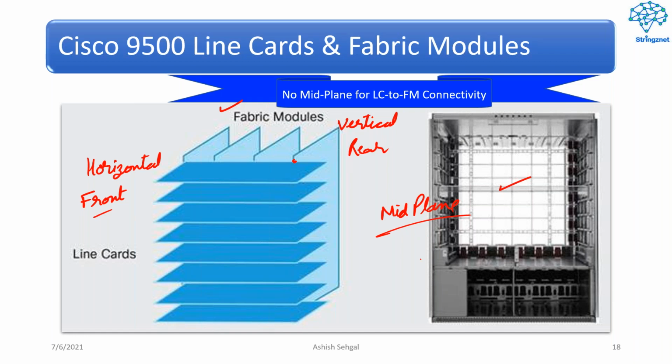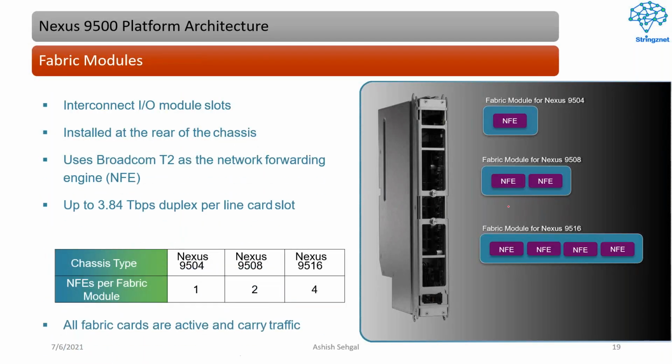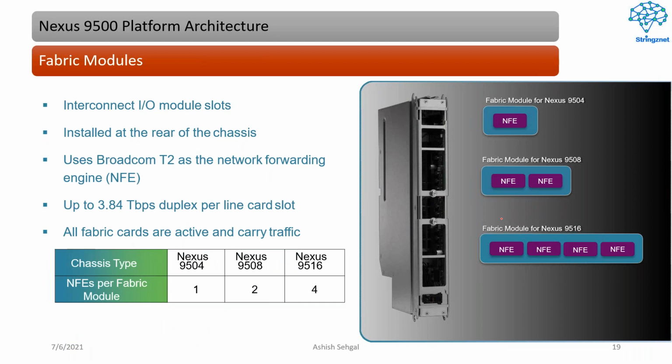These fabric modules, as I said, have a programmed intelligent ASIC chip called the network forwarding engine. So it is not just dependent on line rate. What is line rate?